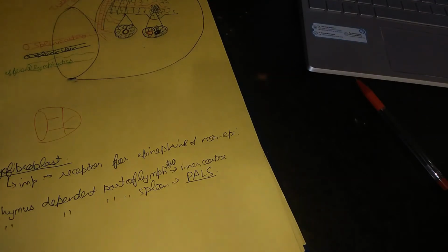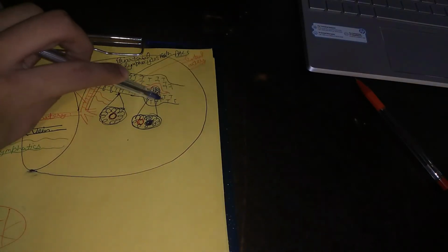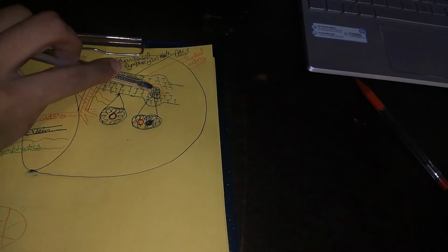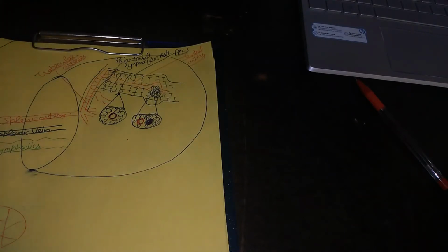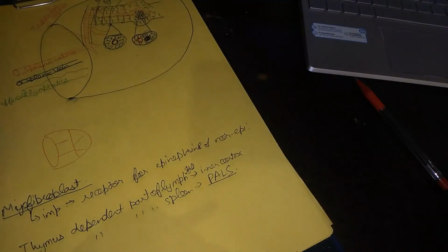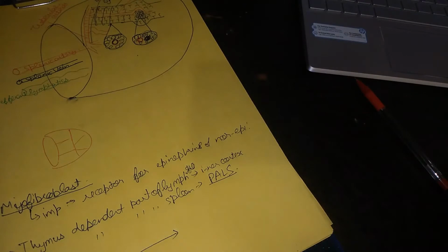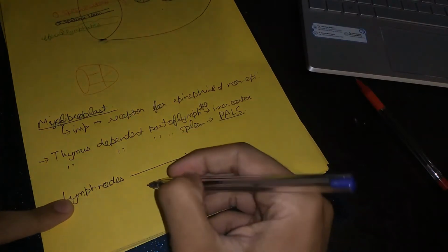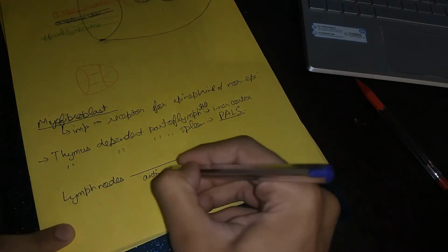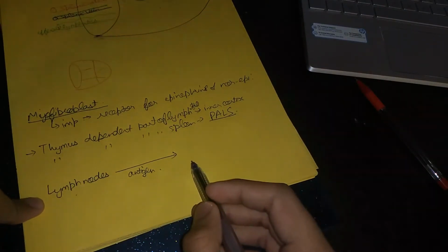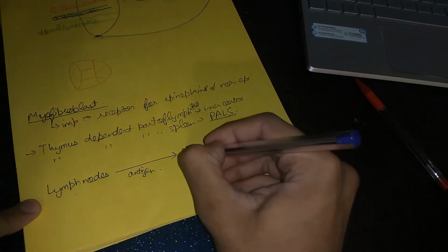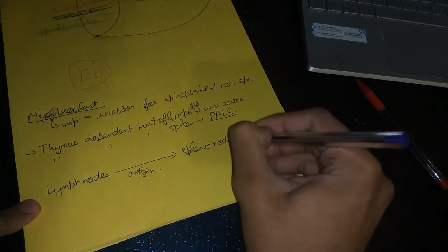Okay, and then comes the lymphoid follicle. These B cells, when they are in the active state, are called secondary follicles, and when they are in the inactive state, they are called primary follicles. We know that when an antigen or microbe comes, an antigen antibody reaction occurs. When the antigen came, this follicle gets converted into a splenic nodule, which is very dangerous.